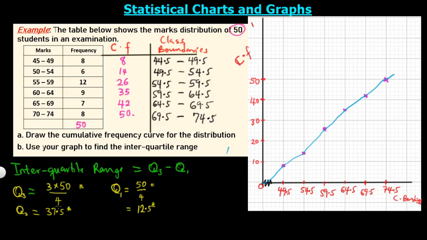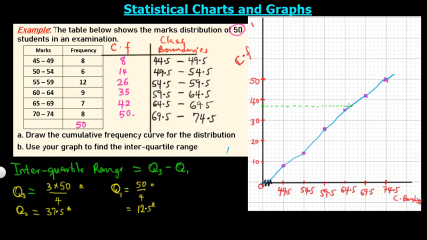The first one, Q3, we go to 37.5 position on the frequency. So you go to where you see this is 32, 34, 36, 37 position on the frequency is here. So we trace that out till it touches our curve. It touches the curve somewhere here.